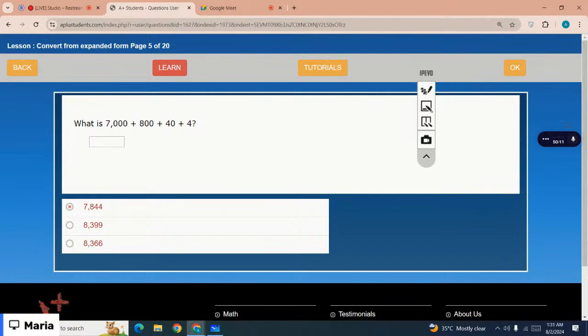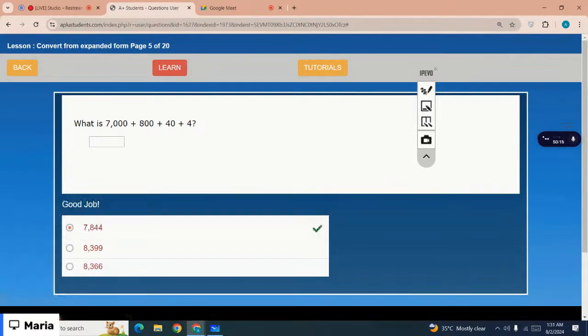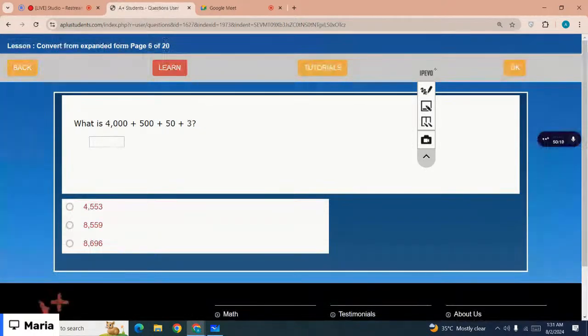Option number 1 is the correct option. What is 4,500 plus 50 plus 3?